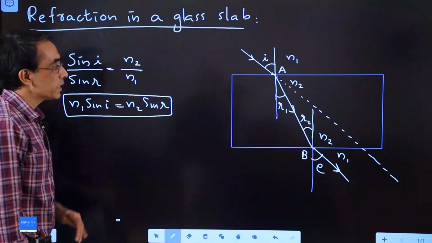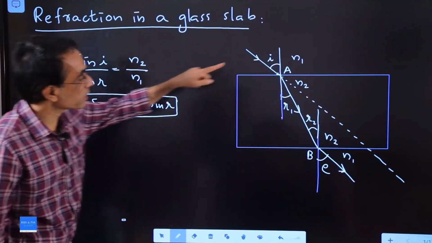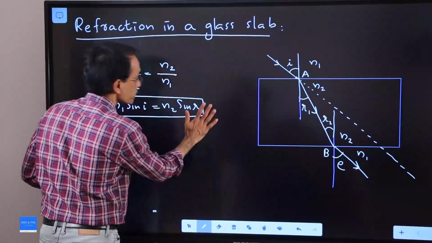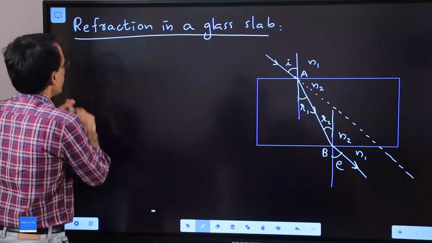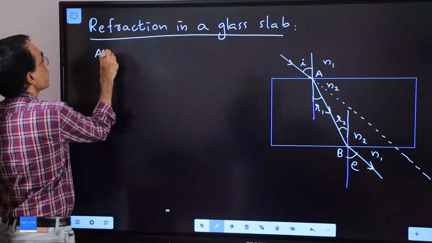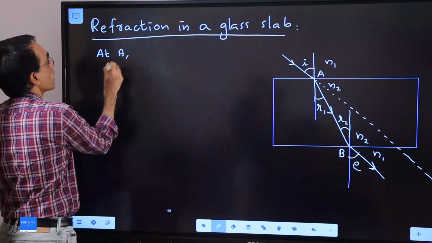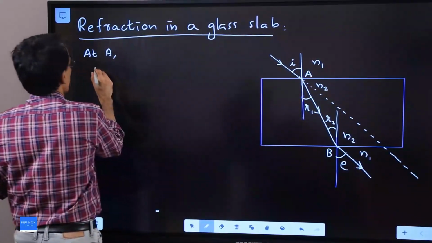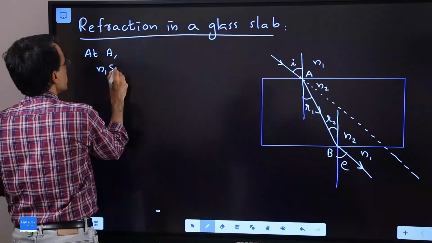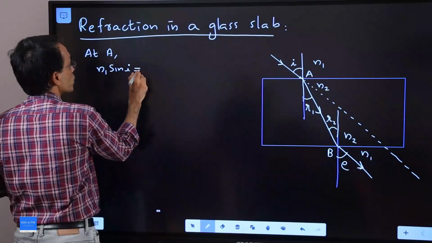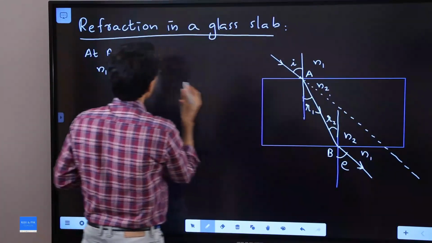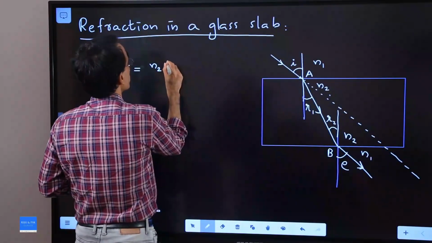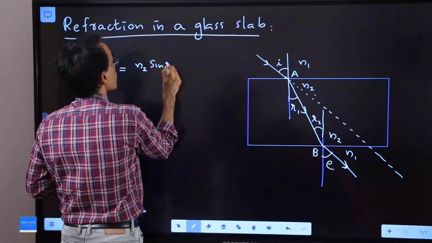We can apply Snell's rule in this form at A as well as at B, and we will prove something. I will write at point A. At point A, I have N1 and angle I. N1 sin I equals, what is the refractive index of the second medium? That is N2, and the angle is R1, so N2 sin R1.